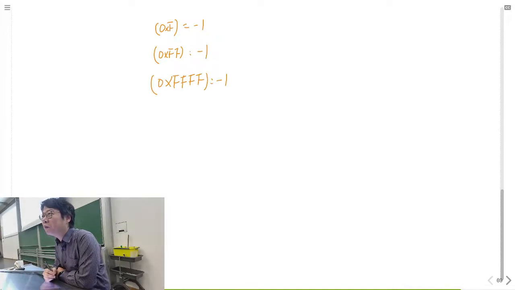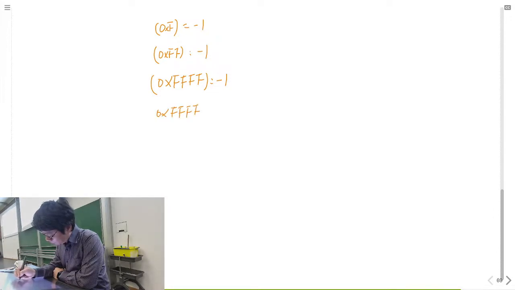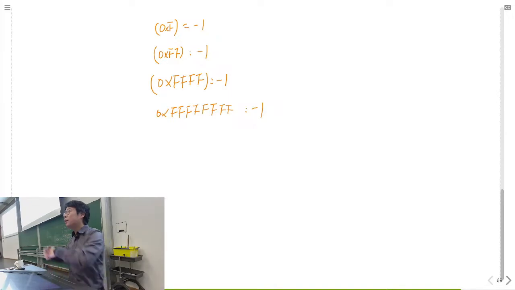If you want to keep that with 32 bits, you still do the same thing. This is also minus 1. So when you do the extension for negative numbers, if you are asked to convert minus whatever from 4 bits to more bits, just blindly add a lot of ones before that number. It's correct.